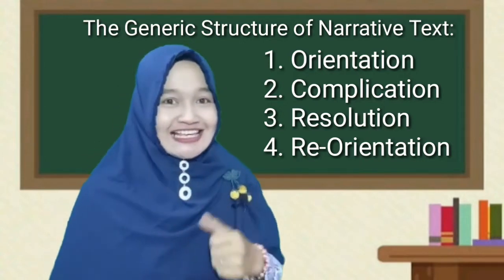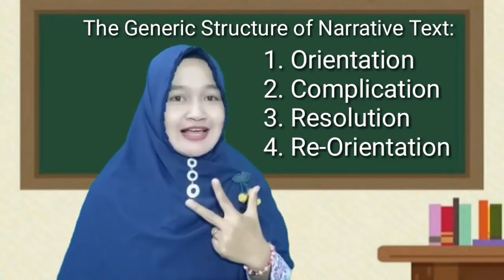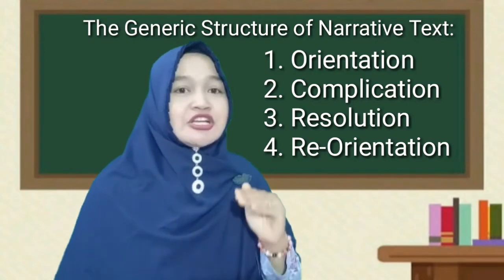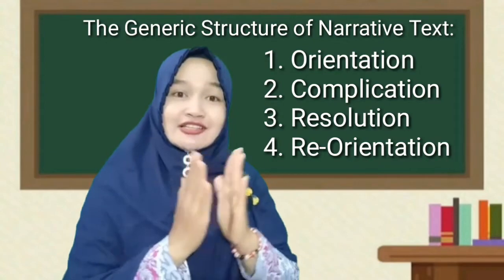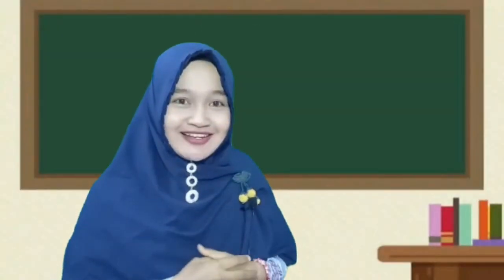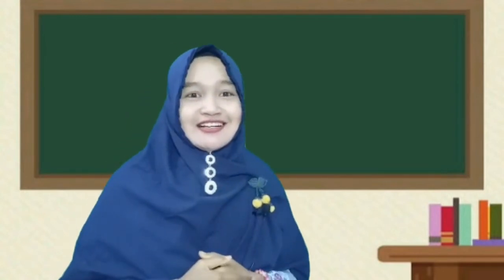The third is resolution atau pemecahan masalah. And then the fourth is reorientation atau kesimpulan atau ending dari cerita tersebut seperti apa. Okay students, have you get the point? Gimana anak-anak? Sudah mengerti? What is a narrative text and the social function and that the general structure of narrative text?